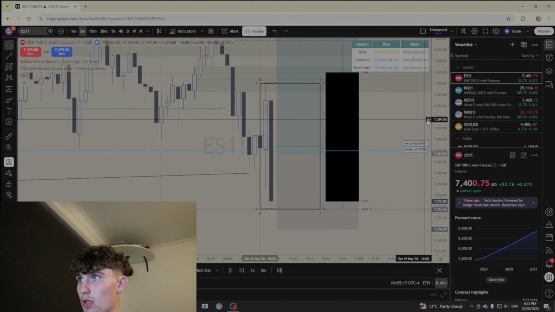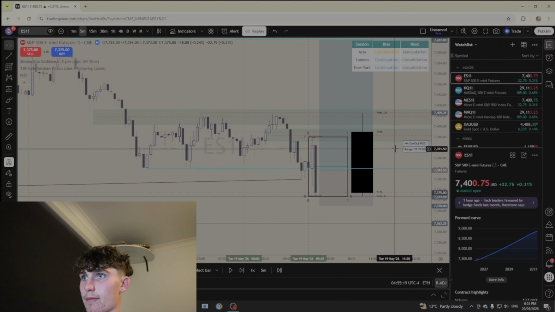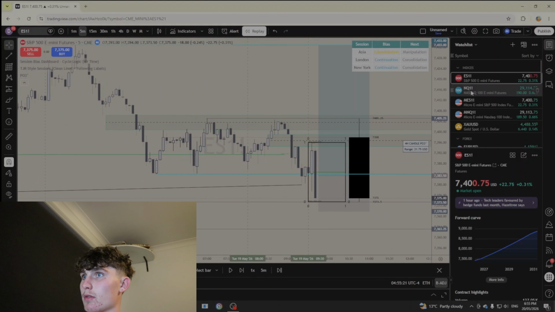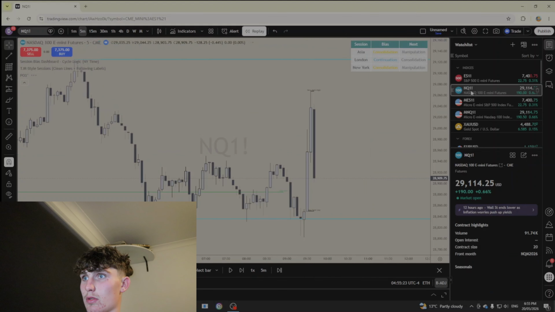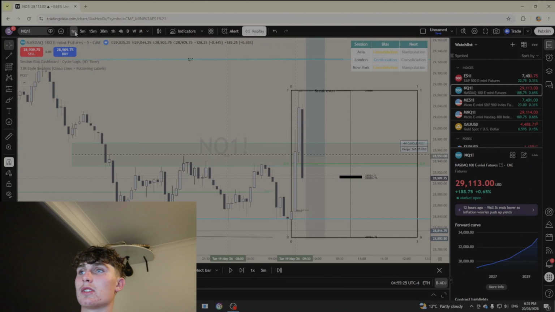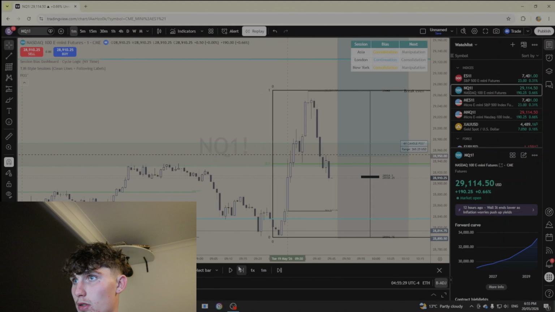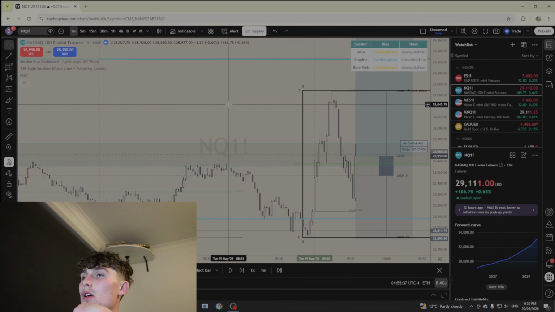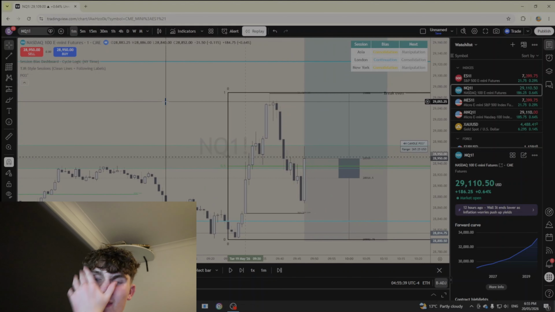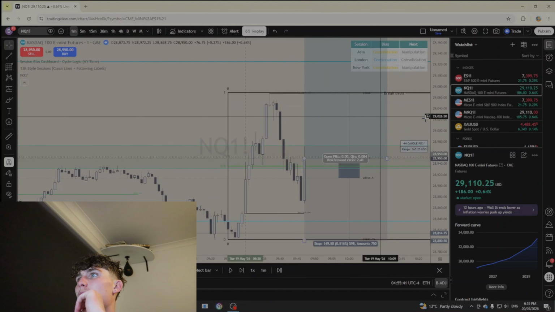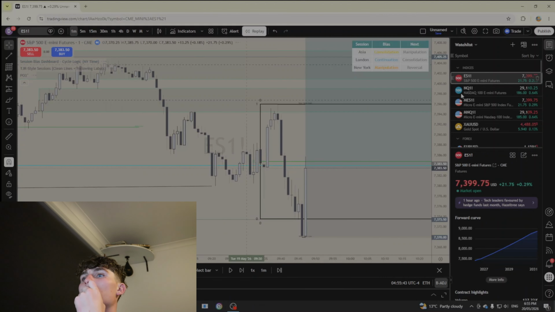So let's go here. Right, let's go on the 1 minute where we entered. We're looking for a break of structure, and that's where we're going to enter. We got this massive candle up, which signified to me that we're probably retraced down, probably looking to be bullish.